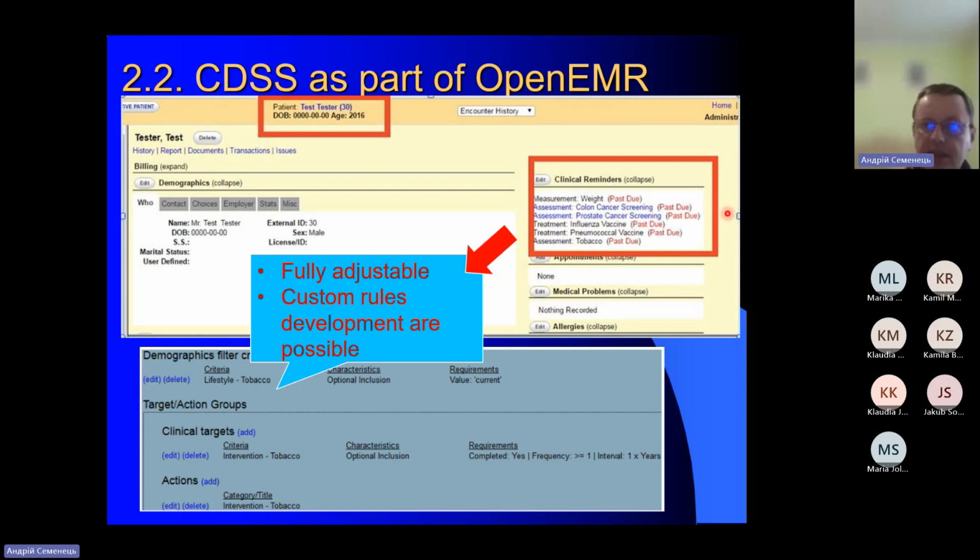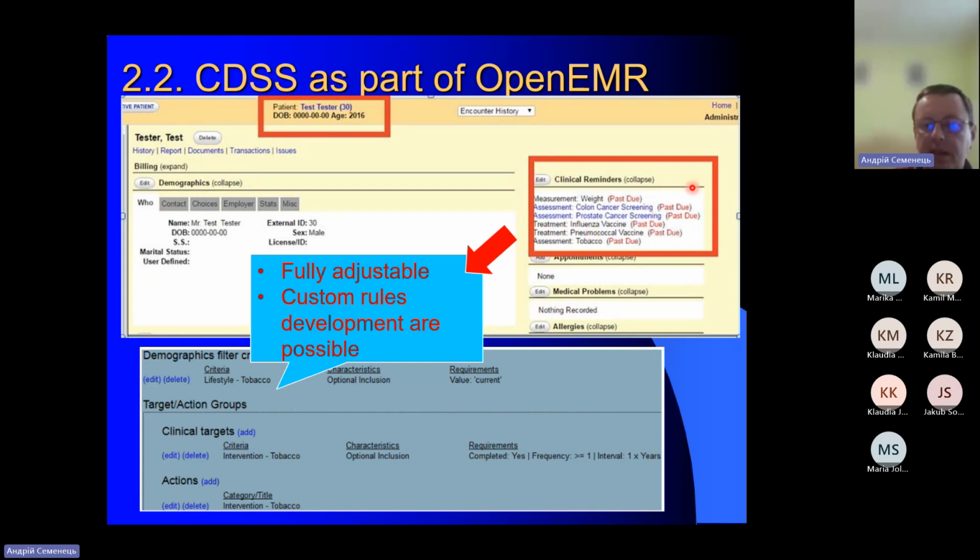So the term DSS has not been used here, but this tool inside OpenEMR is exactly CDSS, because it's working exactly the same way, based on data already provided in the patient medical card or in its encounter.